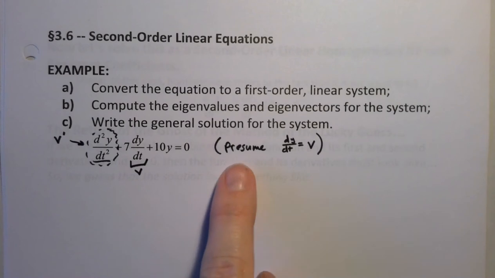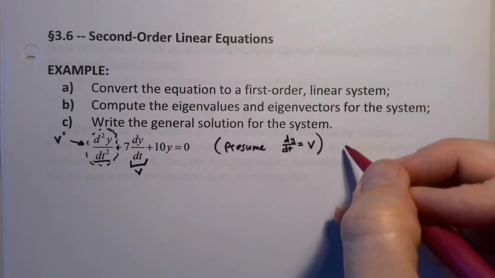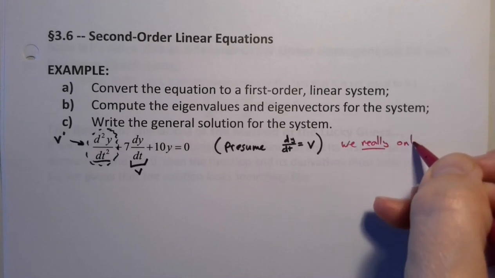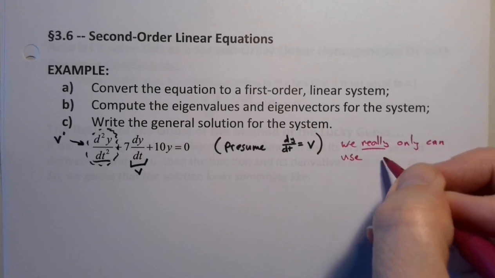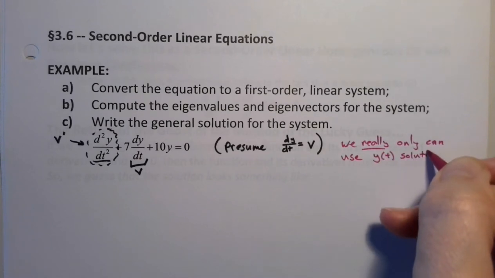So we're making this presumption, but in the end, it's important to note that by converting it into a first-order linear system, we really can only use the y(t) solution, right?